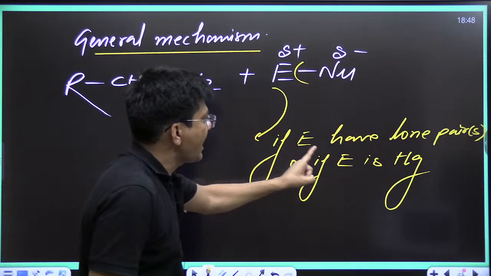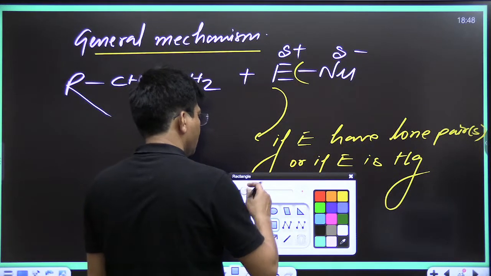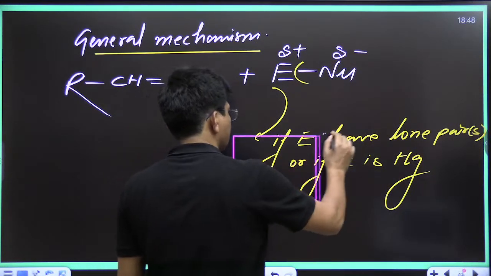When E has lone pairs or E is mercury, let me enclose it in the box.